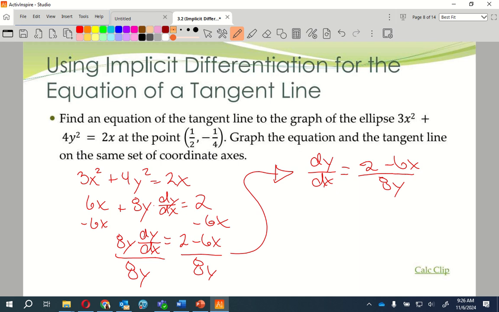Yep. Yeah, that's fine. Because I'm just asking for the derivative, right? I'm not saying the derivative in terms of x or in terms of y, where you would get it into y only or x only. Right now, this is fine. This is an implicit differentiation, and I'm happy with it.